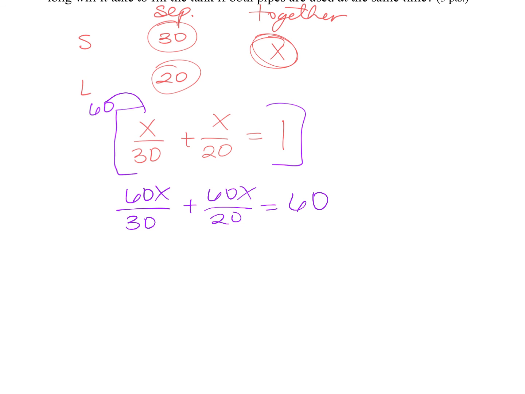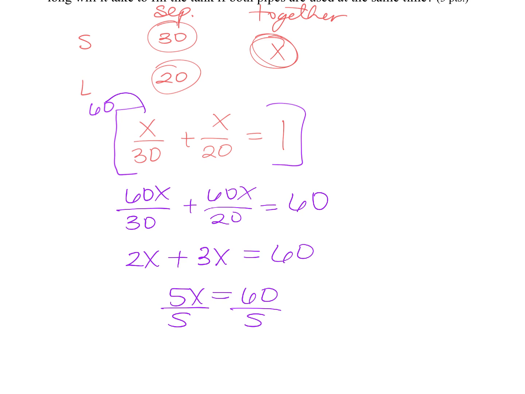Simplify that. 60 over 30 is 2x. 60x over 20 is 3x. So 5x equals 60. Divide by 5. 60 divided by 5 is 12 what? Minutes. Yes, sir.